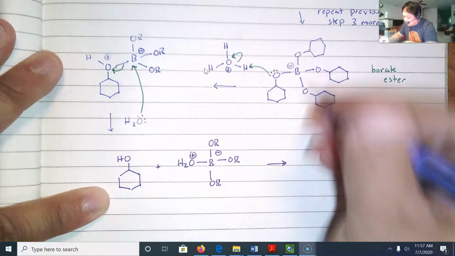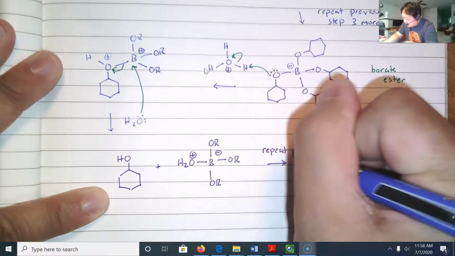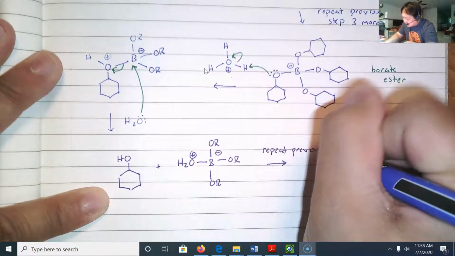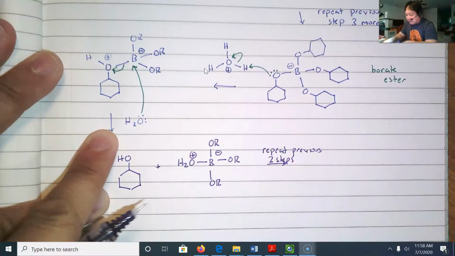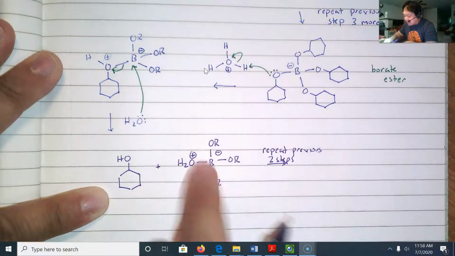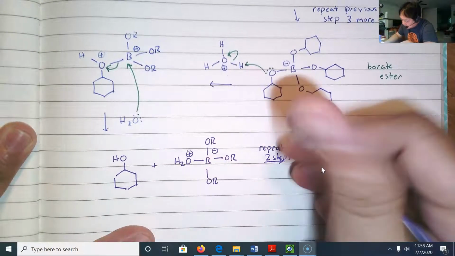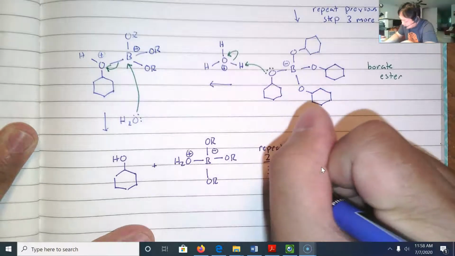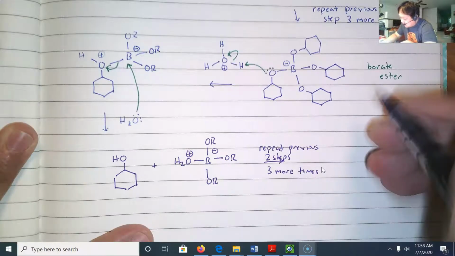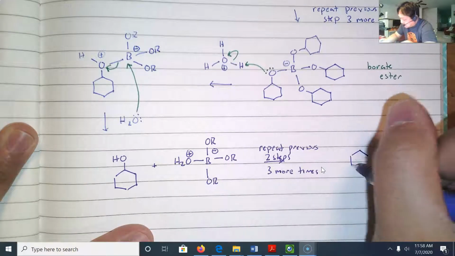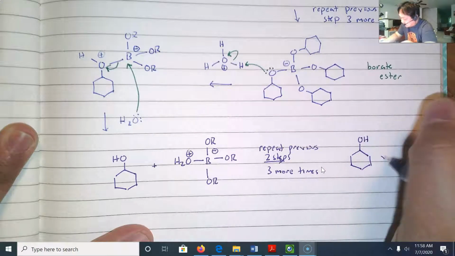But let me right here repeat the previous 2 steps, this one and this one, 3 more times to take care of the other alkoxy groups. If you do that 3 more times, yes, you'll get your product again times 3.